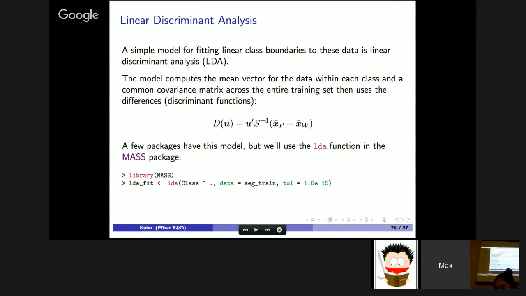It uses a common combination of your vectors. And then it basically takes the dot product between your vectors and this, plus one. If the discriminant function is greater than 0, you would predict a poorly segmented sample. If this linear combination is less than 0, you predict it to be well segmented. That's a very simple model.